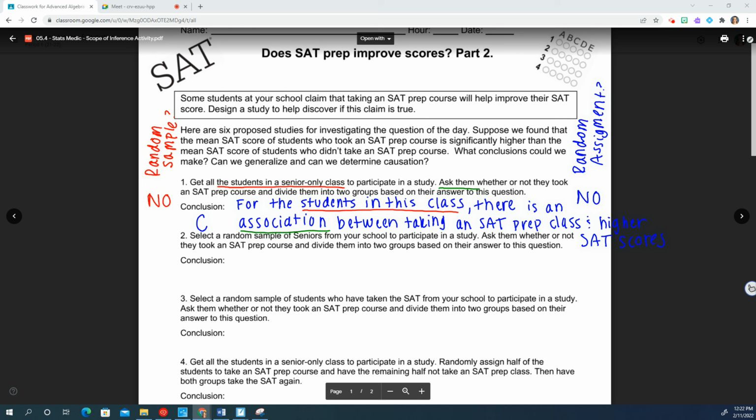Without taking the SAT. F is definitely 5 for sure. Yeah, I think 6 talks about students who have taken SAT at their school. And that will talk about this. Oh wait.